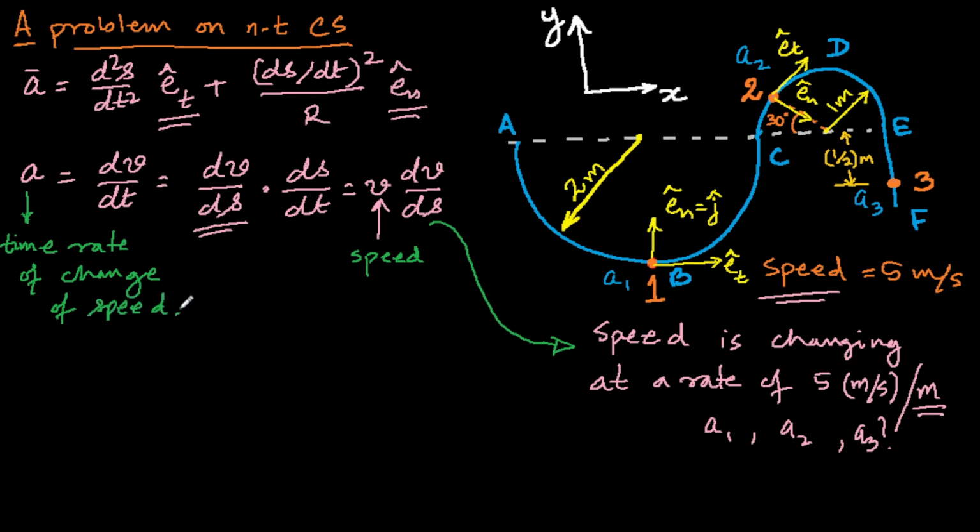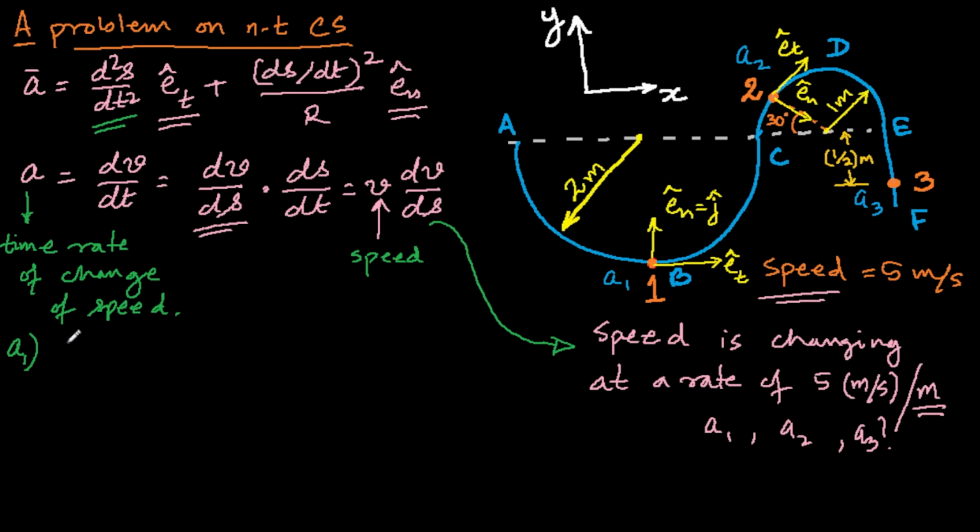So this is the setup. Now let's calculate a1, the acceleration which we want to calculate for this point. For that we need to have the velocity also at that point, right?